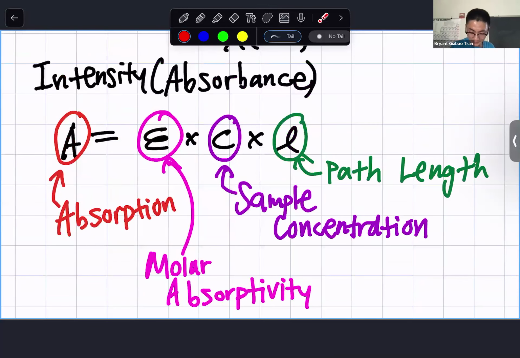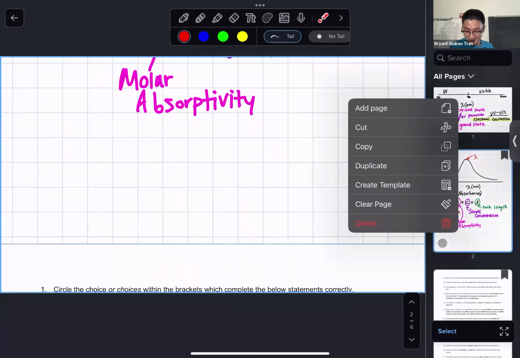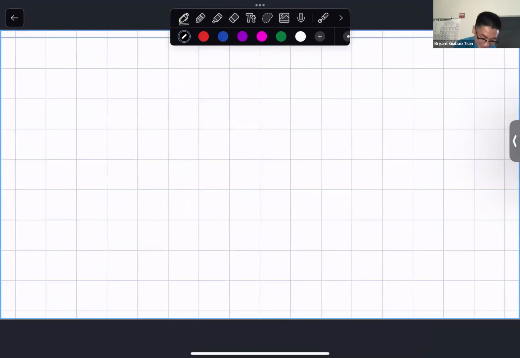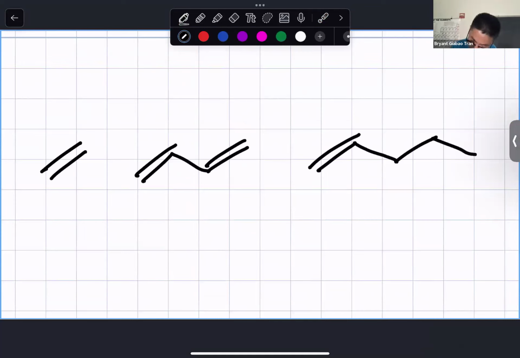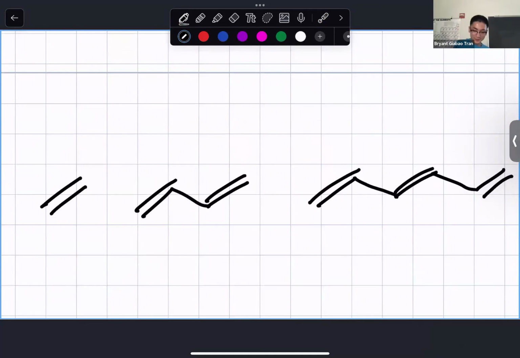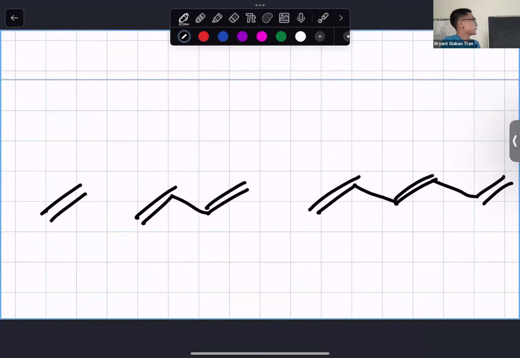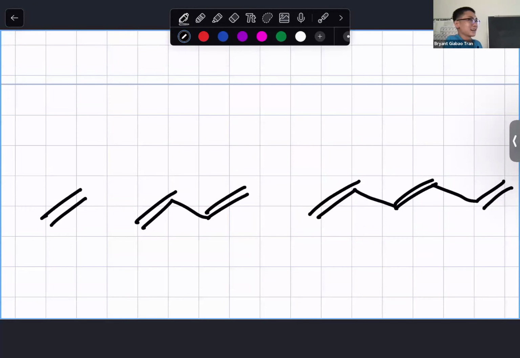Okay, so relating this back to Orgo, let's say we have this molecule here versus this molecule here versus this molecule here. Which one of these will have the highest energy? Or another way to think about it is, which one of these will be the most stable system?